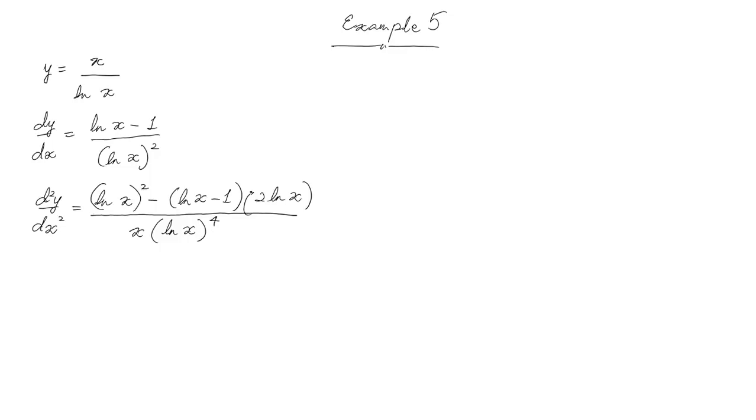So if you multiply the 2 ln x with this one and then with another one, you will get a very lengthy expression, but you can factorize ln x outside, and then it can be cancelled with one of these ln x in the denominator, leaving you only with 2 minus ln x with an x and (ln x) cubed for the denominator.